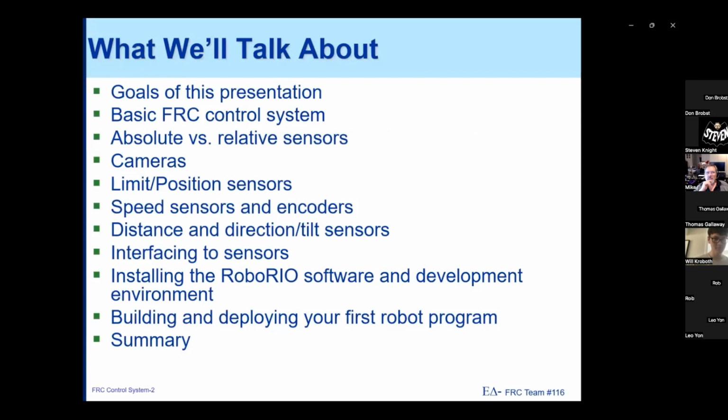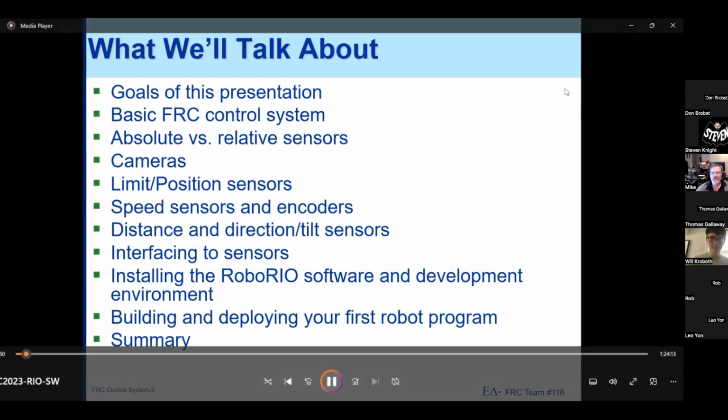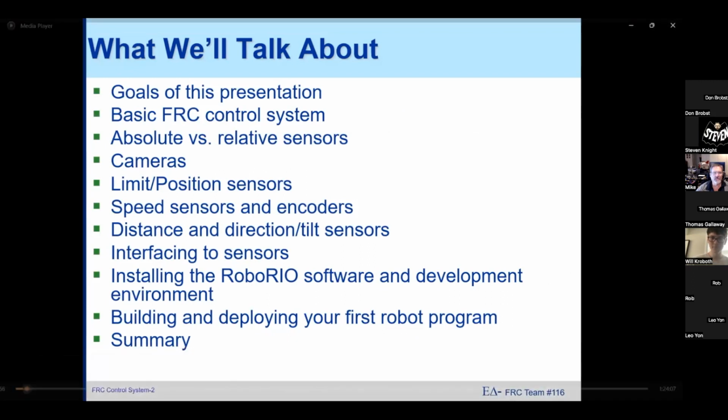So we'll talk a little bit about the basic FRC control system, discuss sensors from the perspective of both absolute and relative sensors, and then we'll hit some of the more common sensor systems that we'll encounter in FRC, including cameras, limit and position sensors, speed sensors and their associated encoders, distance and direction/tilt sensors, and then we'll talk a little bit about how we would interface to these sensors so that you can bring them into the robot.